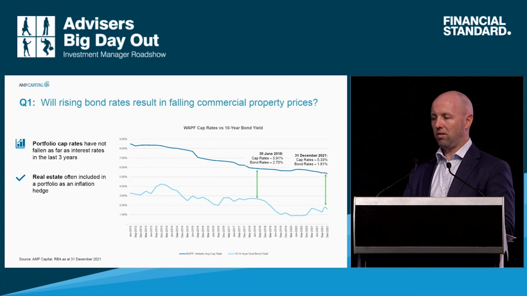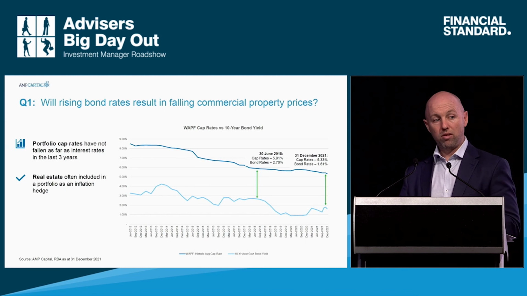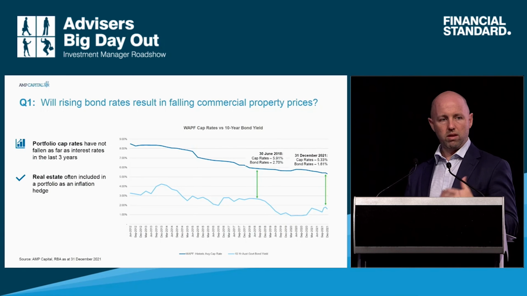The way real estate is priced is very similar to bonds in that you have what's called a capitalisation rate. That's a number, call it 5%, and if that number falls, then values go up. If that number rises, then values go down. Now, there's two differences with bonds. Firstly, with the bond yields, the yield is the yield.